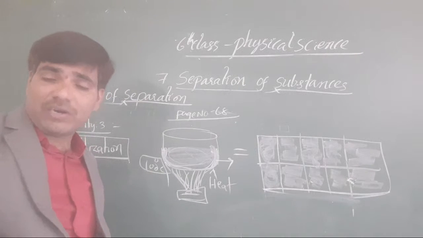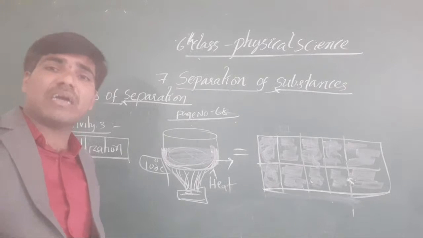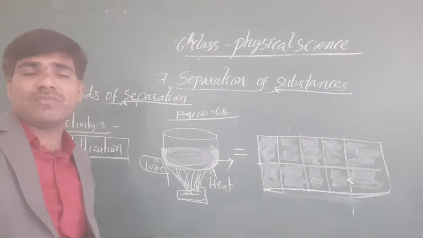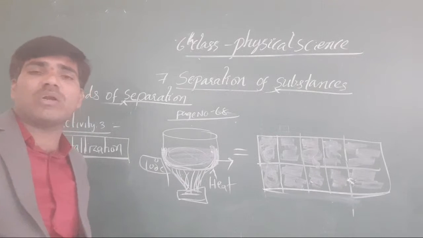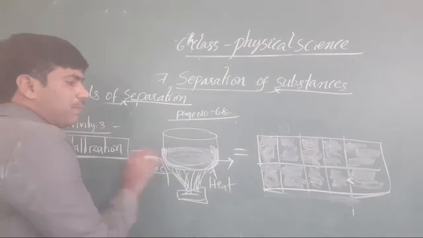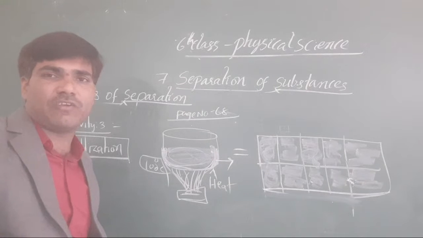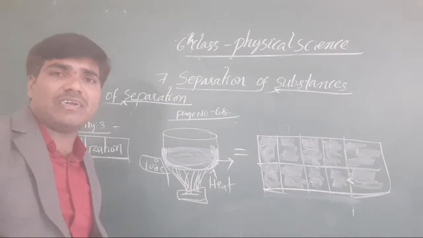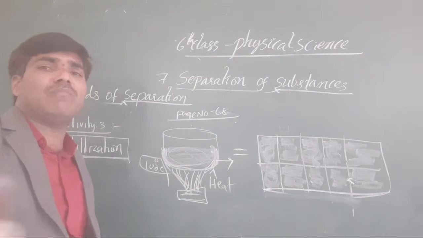Because the underground water in our house may contain some salty nature. When we heat it, the water evaporates, and the salt inside it, contained as a mixture, remains like that only.